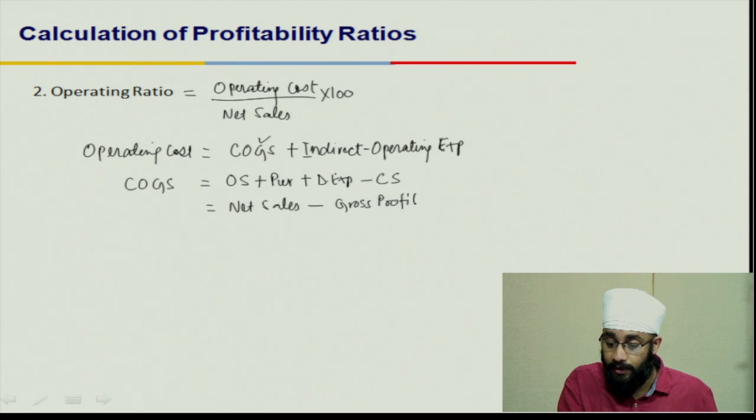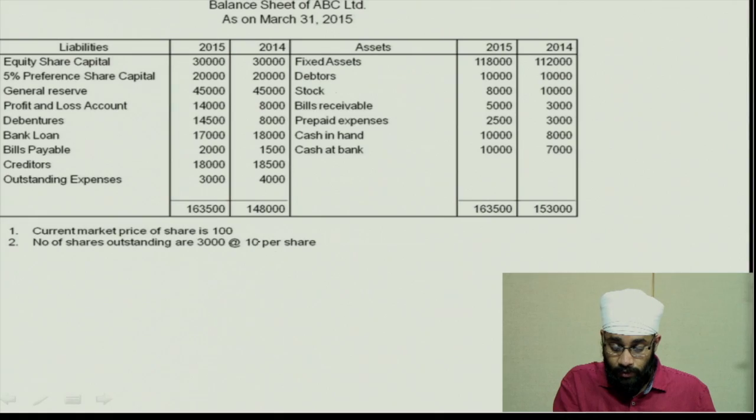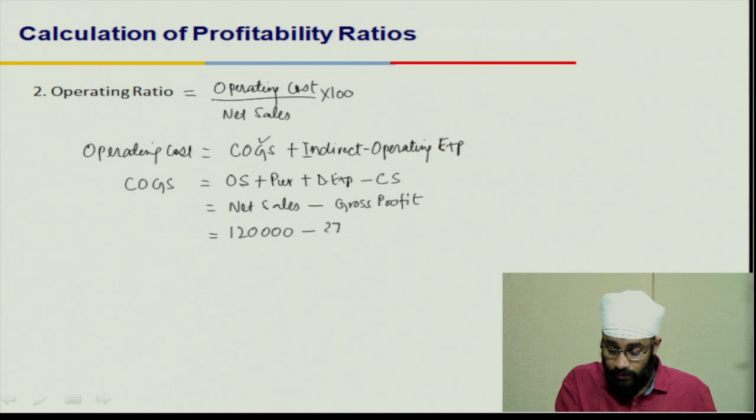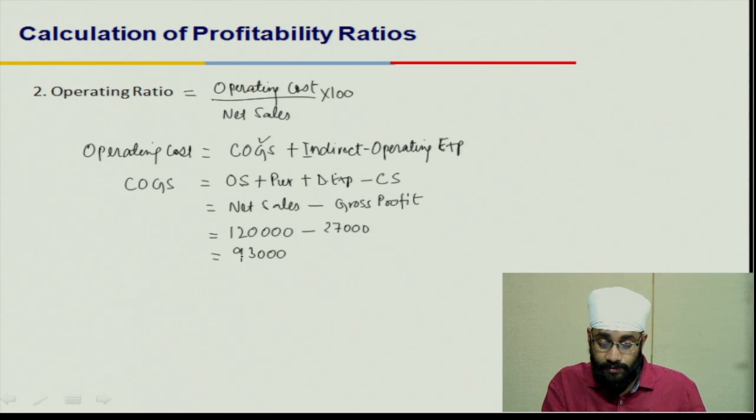Both ways you can calculate cost of goods sold. Let us see which way would be easier. I guess this particular way is quicker. In this case, we have net sales equal to 120,000 minus the gross profit, which is equal to 27,000. So you have 93,000 as the cost of goods sold.